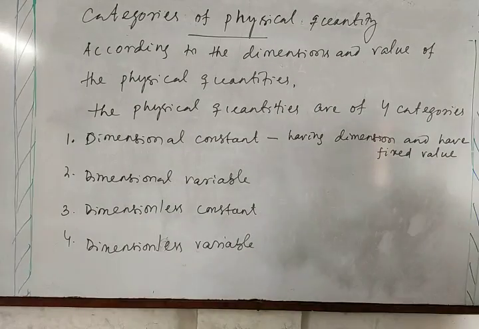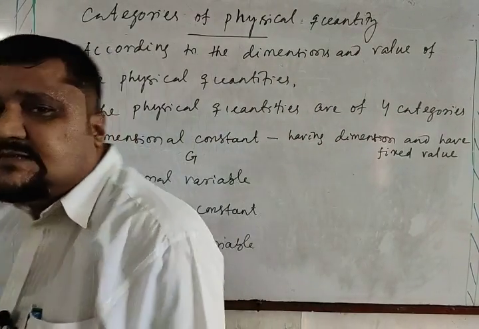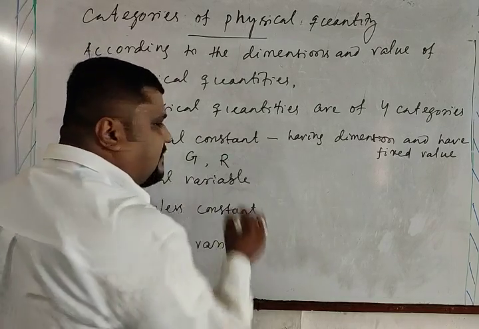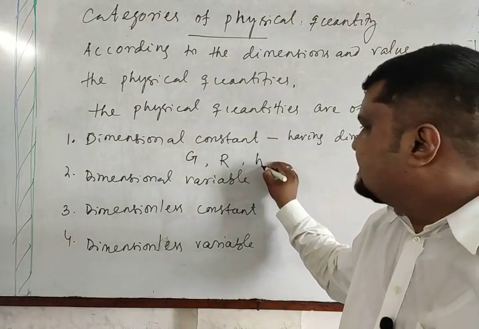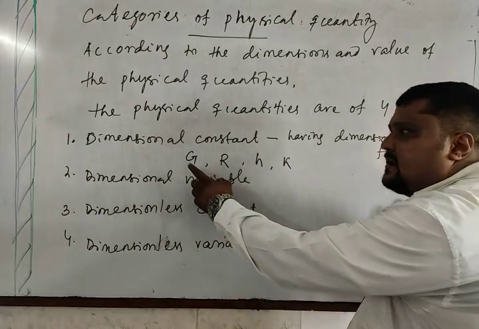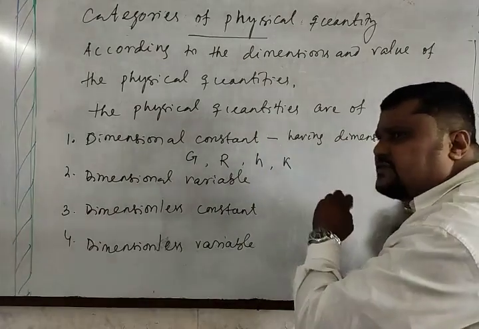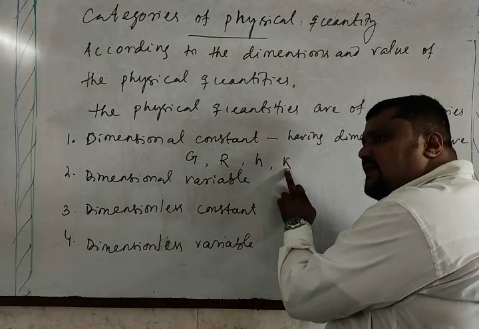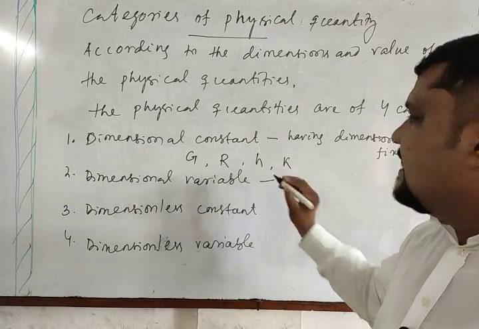These are called dimensional constants. Like the gravitational constant G, the universal gas constant R, Planck's constant h, Boltzmann constant k. These have dimension. G, gravitational constant, has a dimension. R, gas constant, has a dimension. It is not M0, L0, T0. Planck's constant and Boltzmann constant have a dimension. But their value is constant. Their value never changes. So these are the dimensional constants.